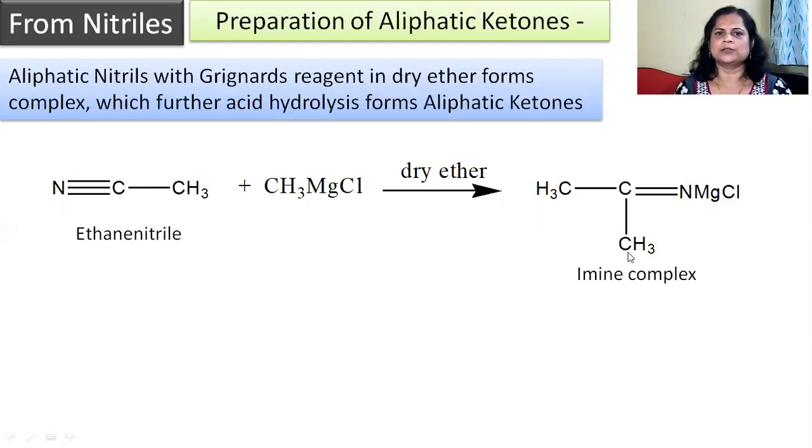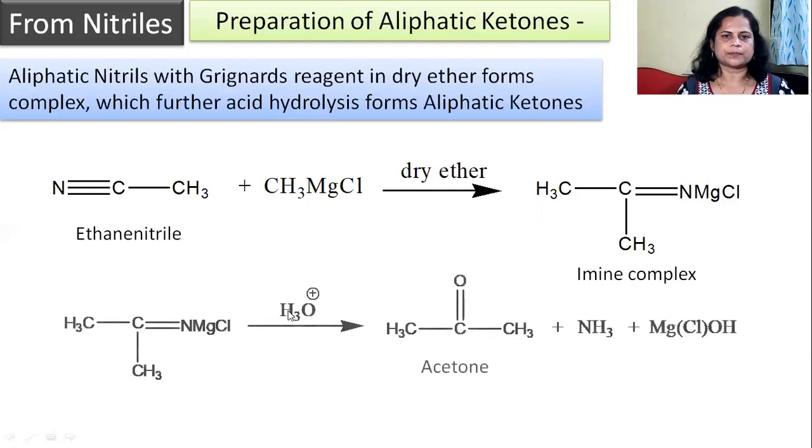One more CH3 is introduced here from the Grignard's reagent, and double bond NMgCl, and therefore that structure is called a complex structure which further undergoes hydrolysis, H plus with H2O, and due to that, the double bond NMgCl part is removed, nitrogen is removed in the form of NH3, and MgCl goes with the OH. So what remains?